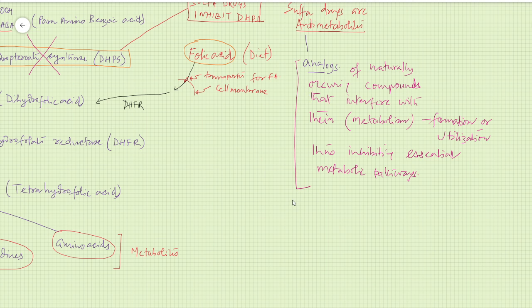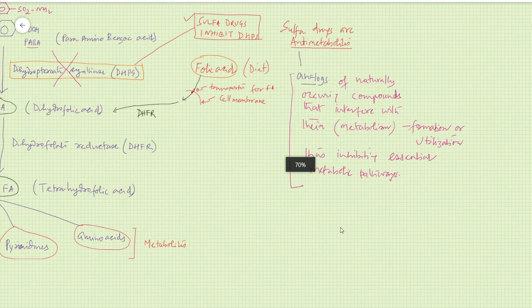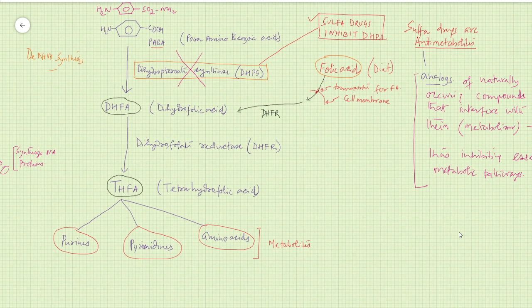Okay, so let's see if this definition fits with the mechanism of action of sulfa drugs. What did we say? Antimetabolites are analogs of naturally occurring compounds. Which is the naturally occurring compound here? It is PABA. So what's it doing?